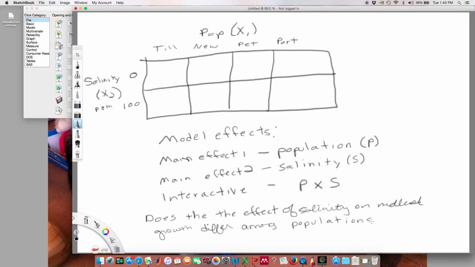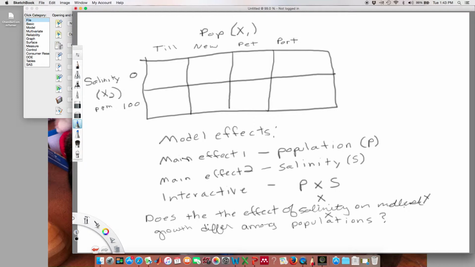So with this question, we have posed whether or not there's an interaction of salinity and population. So salinity is one of our independent variables, population is another independent variable, and mollusk growth is our dependent variable.